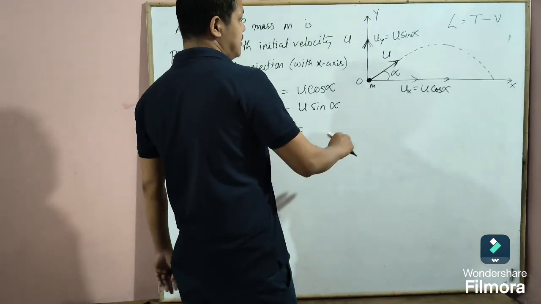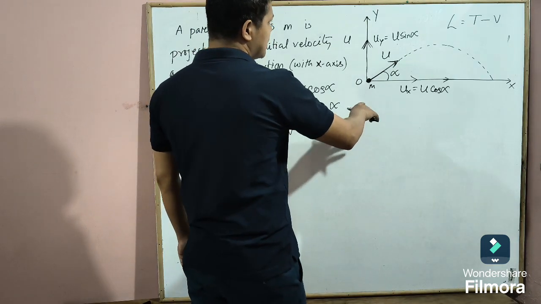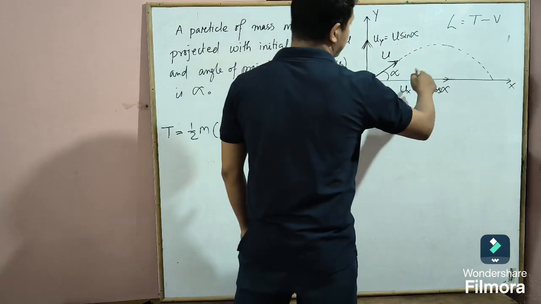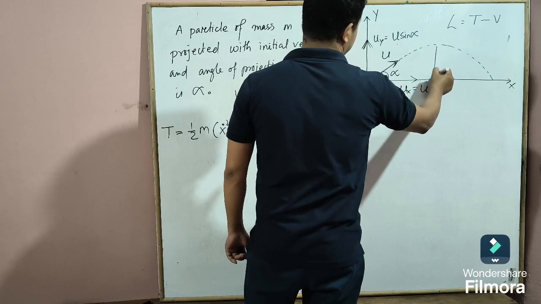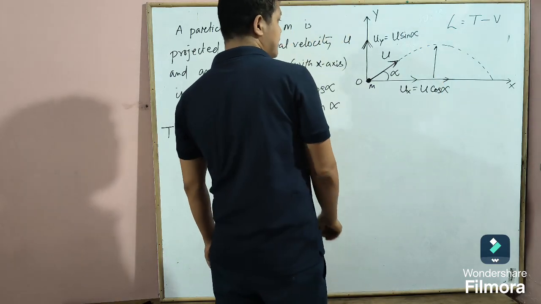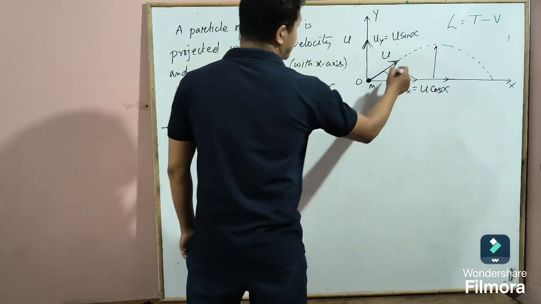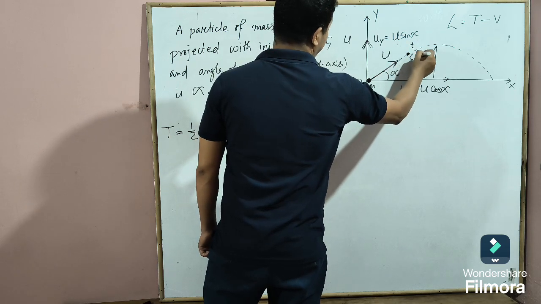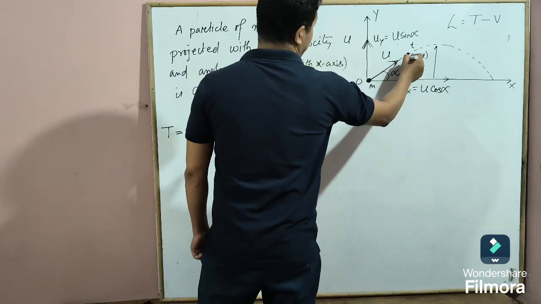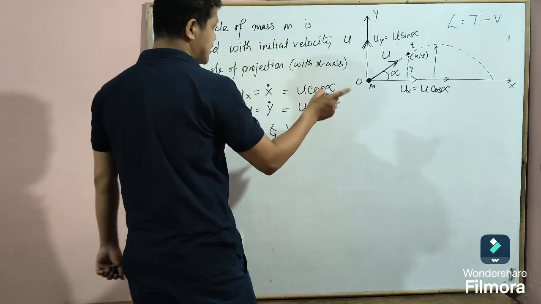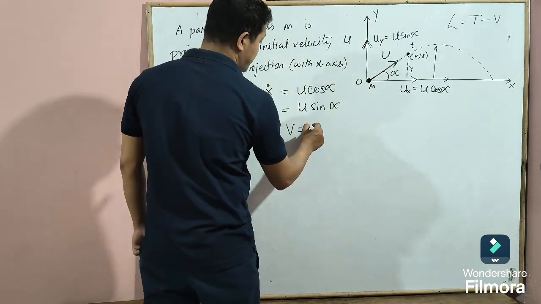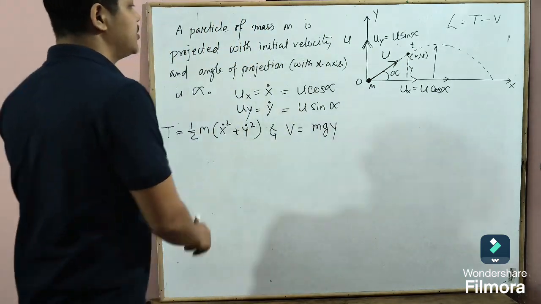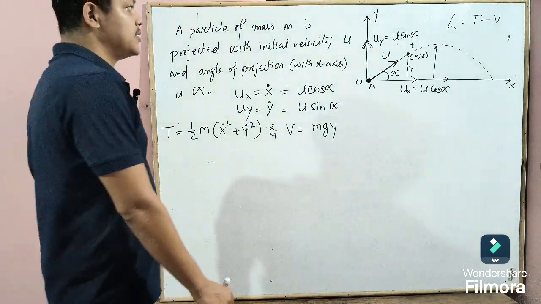Then the potential energy V. It will possess potential energy due to the height along the y-axis. So if at any position at any time t, this is its coordinate x comma y, then its height is y. In that case its potential energy will be given by mgy.